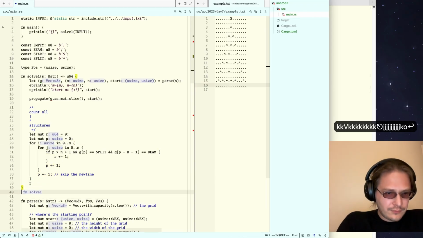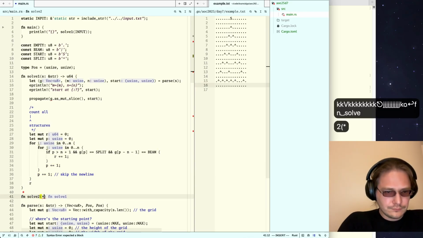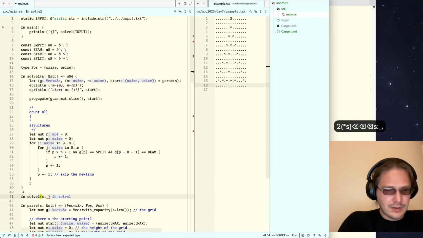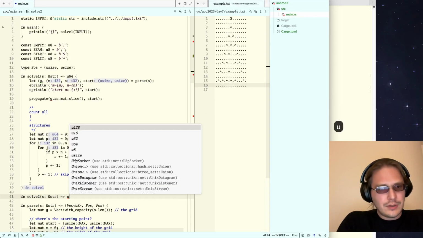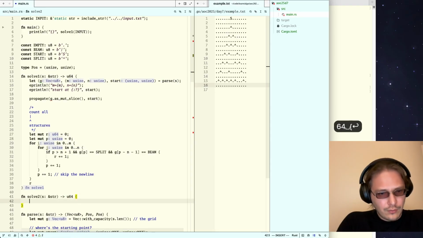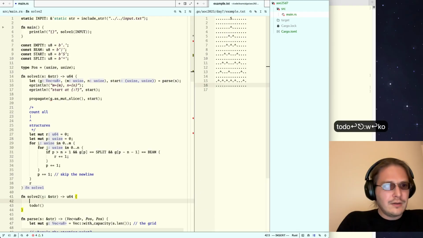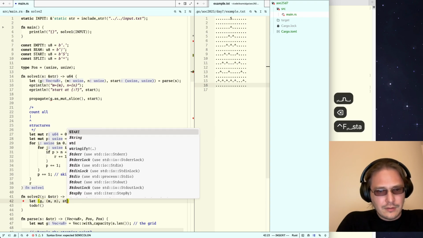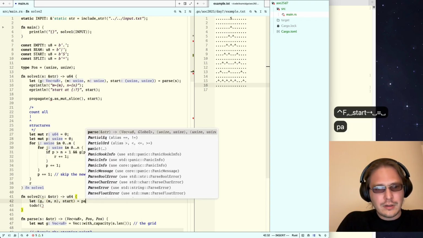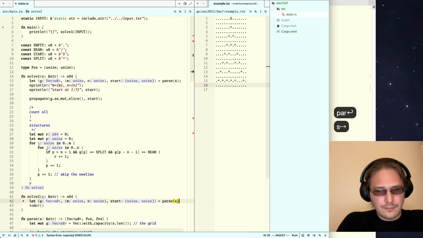Okay, fn solve 2. So again, we take this thing and we return a u64 of possible timelines. And so far it's to do. The first thing that we do is we take a grid, its size and the start point, parsed from the string.